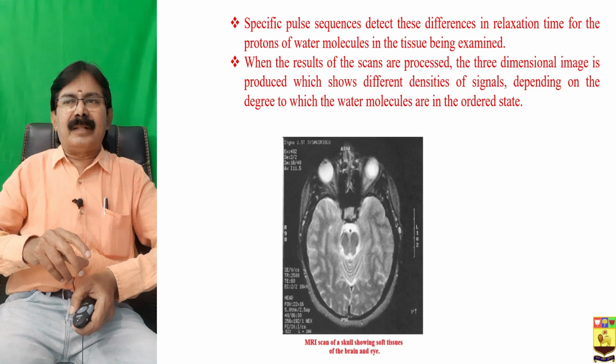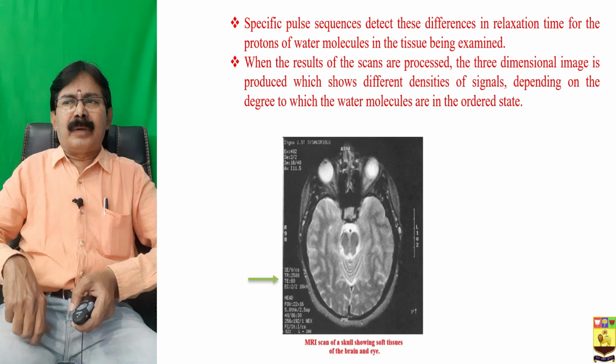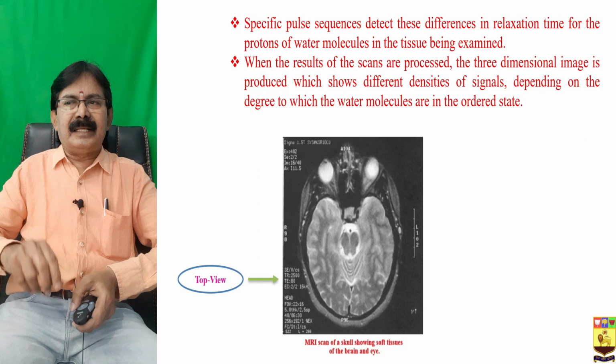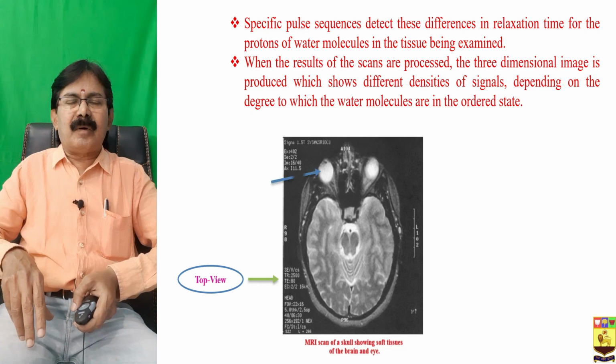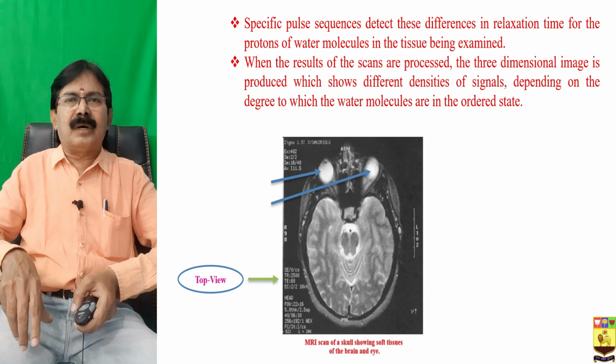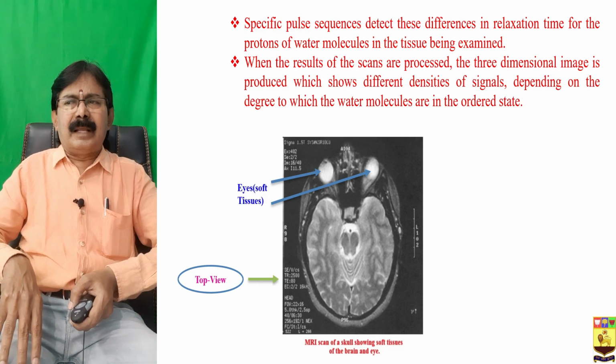And we have the bone area, the backbone, which is water-deficient tissue, and it is in the darker condition. This is a diagram of our normal MRI.